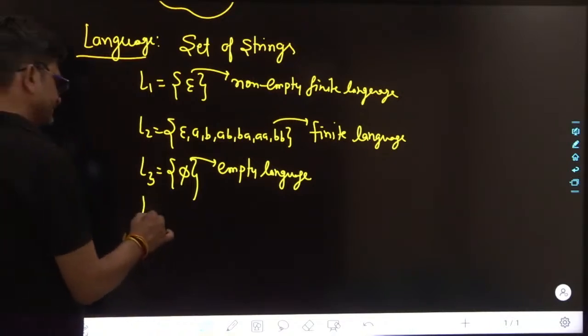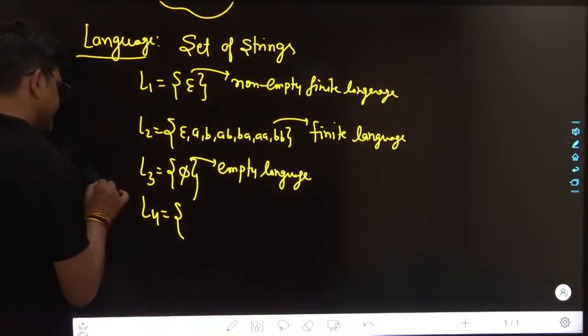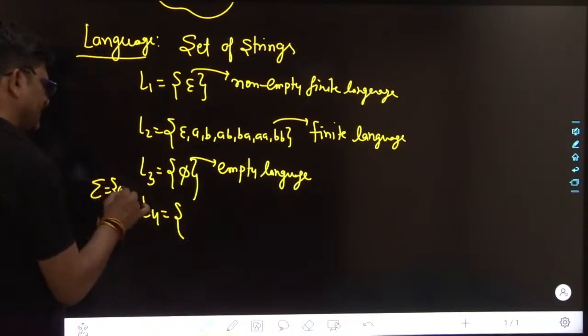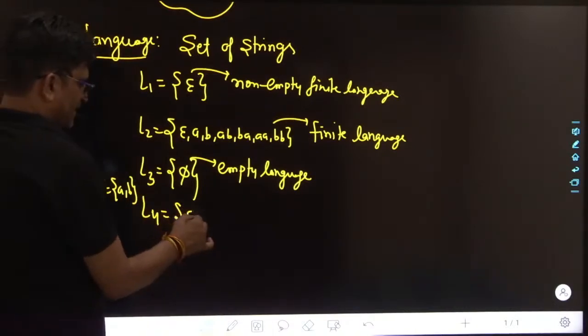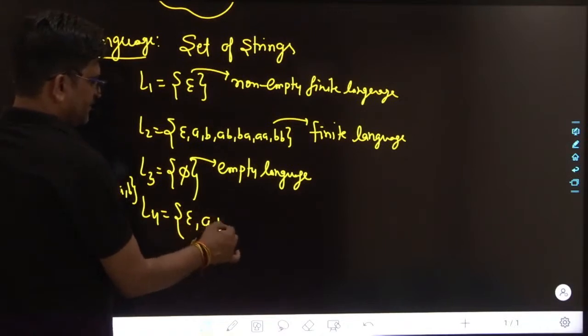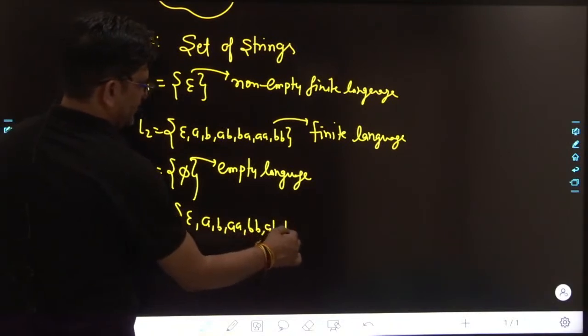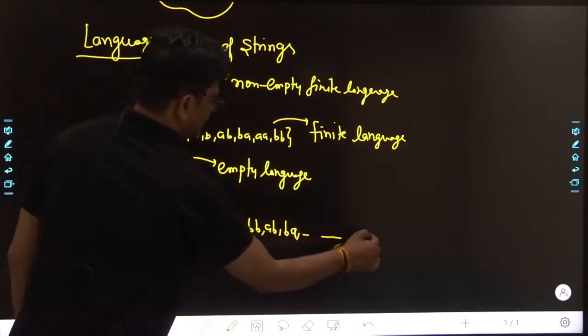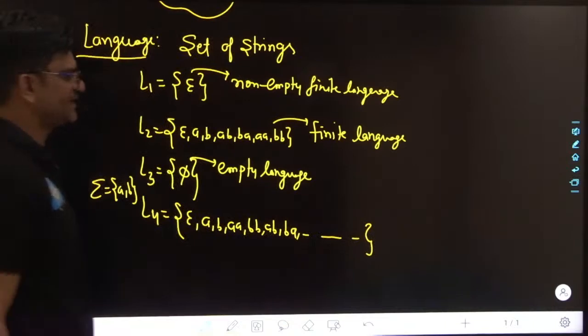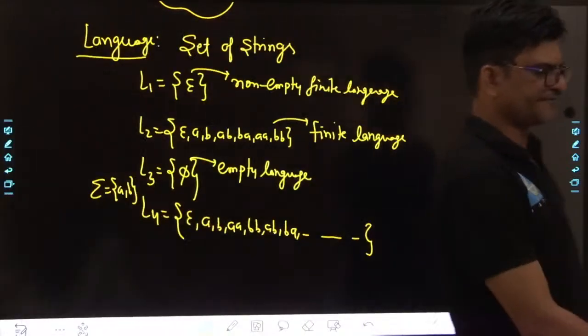Next, if sigma is {a, b}, then epsilon, a, b, bb, ab, ba, and so on. This is an infinite language, any combination of a's and b's.